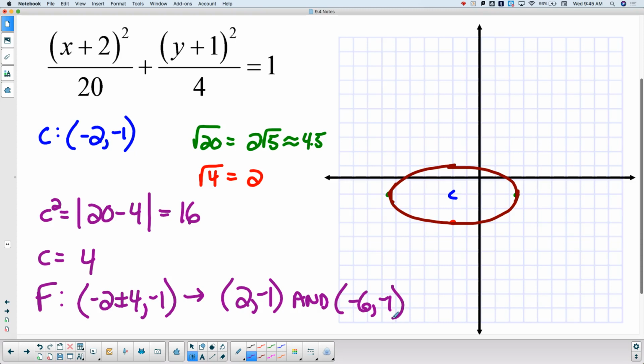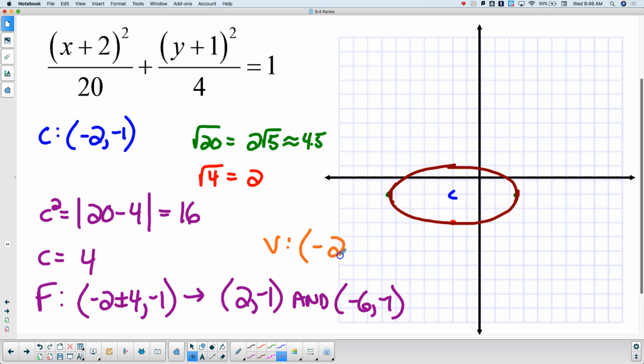Endpoints of the vertices. What am I going to add to get the endpoints of the vertices? What's the distance away on the major axes from the center? 4.5. That's not exact. Negative 2 plus or minus 2 square root 5, comma, negative 1.